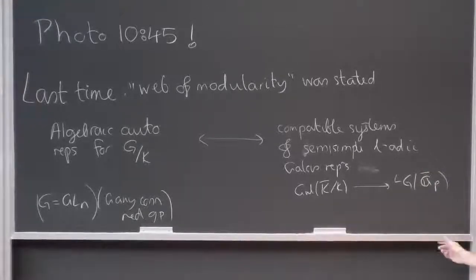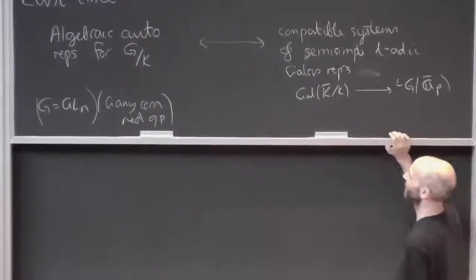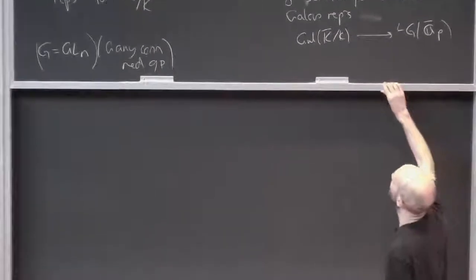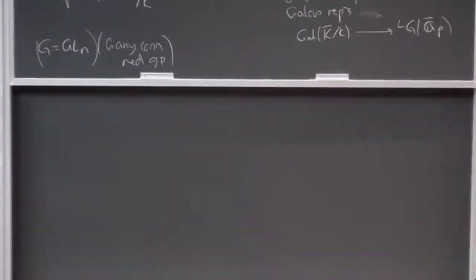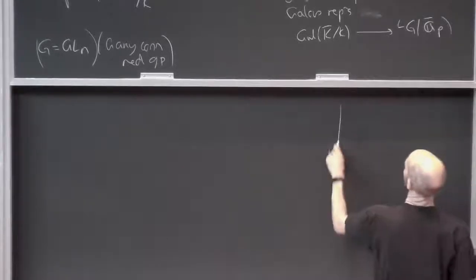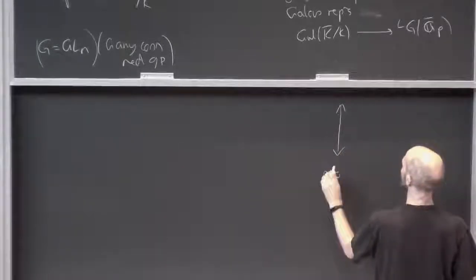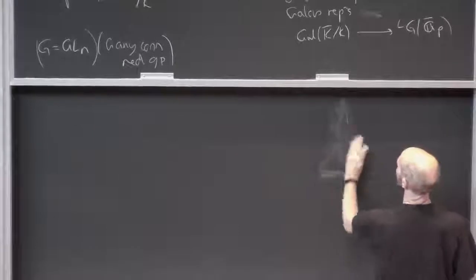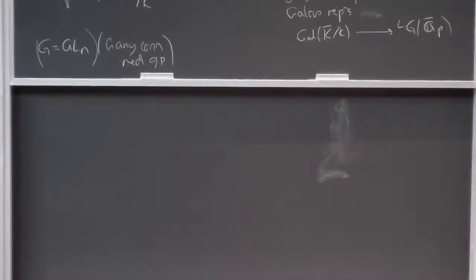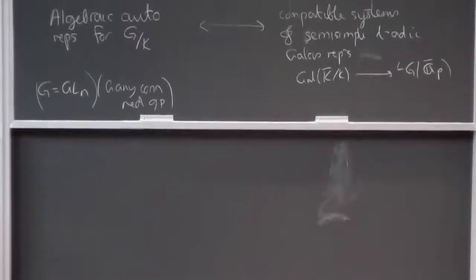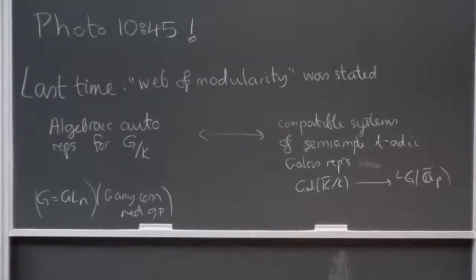So there's some fancy way of writing it, and maybe these should correspond to motives. Well, I don't know. Let's not go with motives. I'm not really sure what a G motive is for general G. If G is GLN, then LG is also GLN.